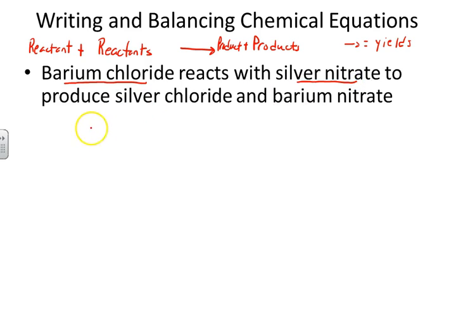Putting that into shorthand, we would write the formula for barium chloride, BaCl2, reacts with silver nitrate, to produce, so that's the yield symbol, silver chloride and barium nitrate.